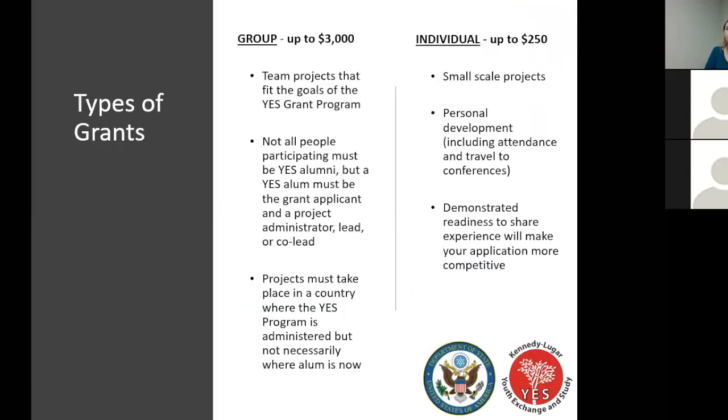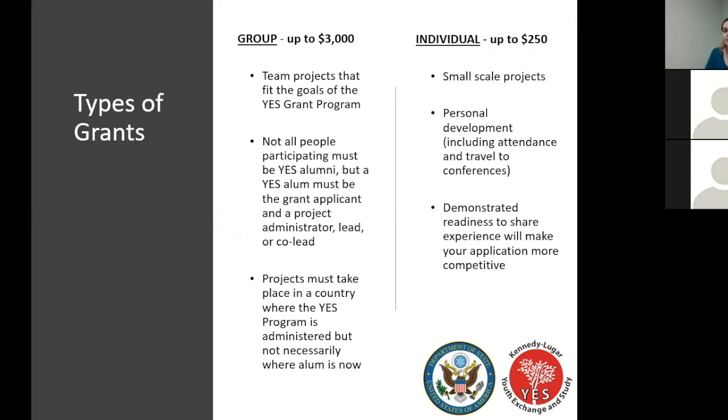Okay. So the types of grants that we provide are group and individual grants. Group grants are up to $3,000, while individual grants are $250 maximum. Group grants are team projects that meet the goals of the YES program.